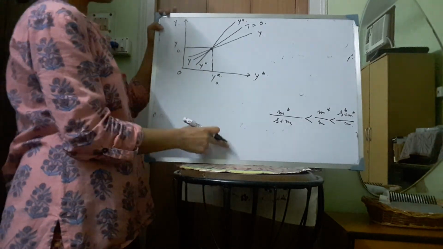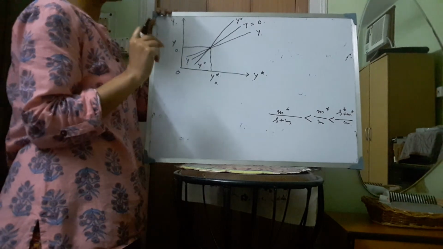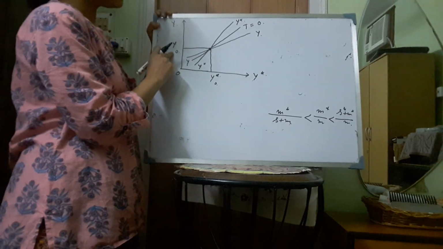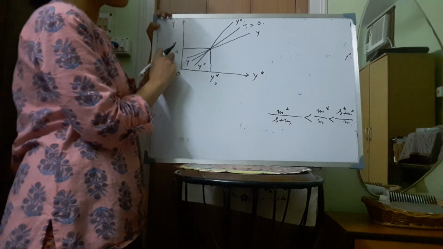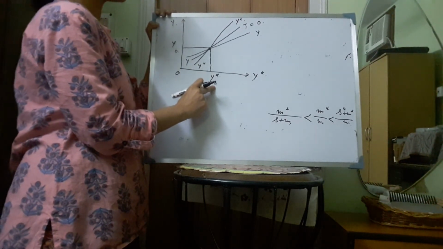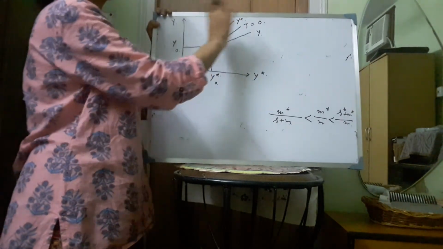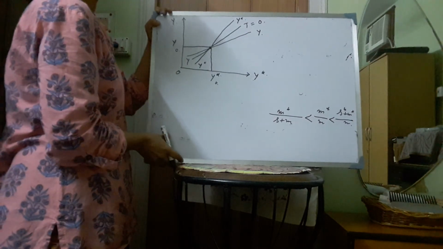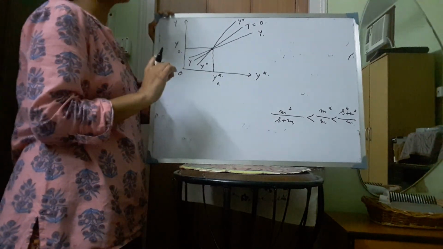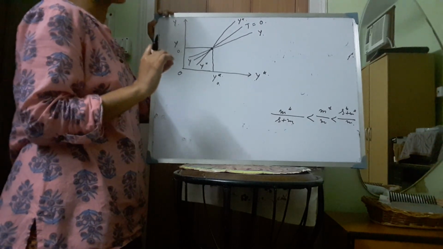So the equilibrium level of income, when we consider the foreign repercussion effect, in the home country is y0, and the equilibrium income in the foreign country is y0 star, and the trade is in balance in both the countries. So T is equal to 0, so trade is in balance in both the countries. So this represents the equilibrium condition in both the home country and the foreign country when we consider the foreign repercussion effect.